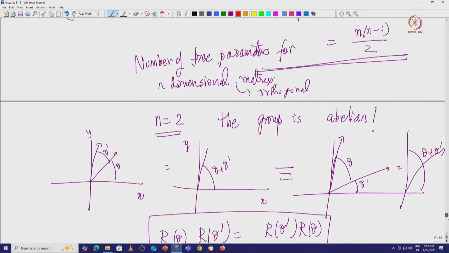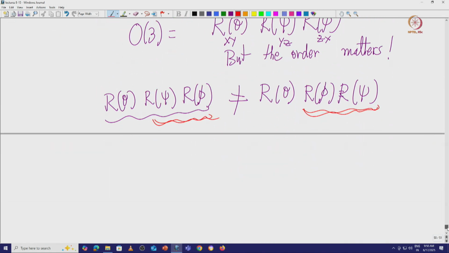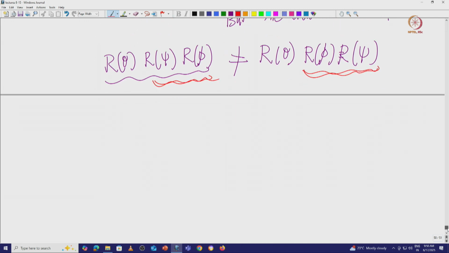Now, what are the generators of this, for infinitesimal transformations essentially?